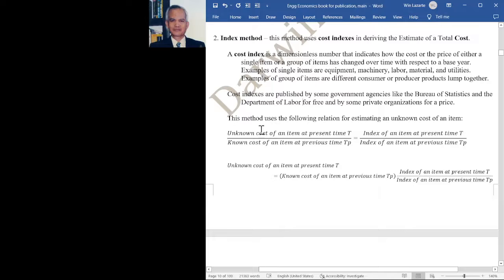To compute for the unknown cost of an item at present time, this is the formula. We simply transpose this denominator to the other side.